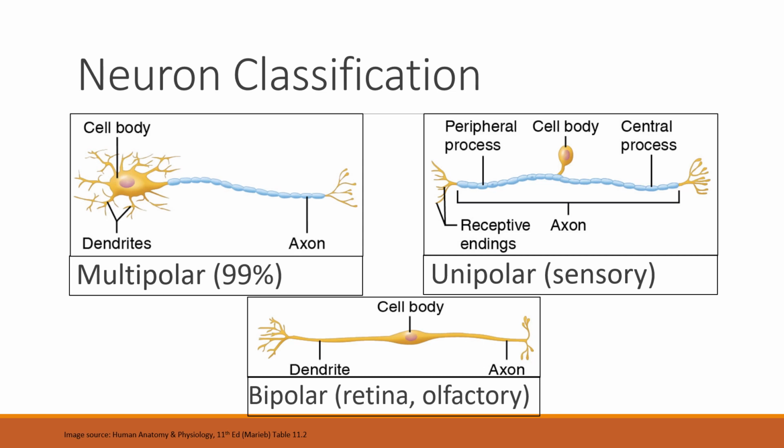When we're looking at neurons, we can classify them in three different ways based on their shape. 99% of neurons in the body have this particular shape right here. It's called multipolar. You have the cell body and all these little dendrites coming off.